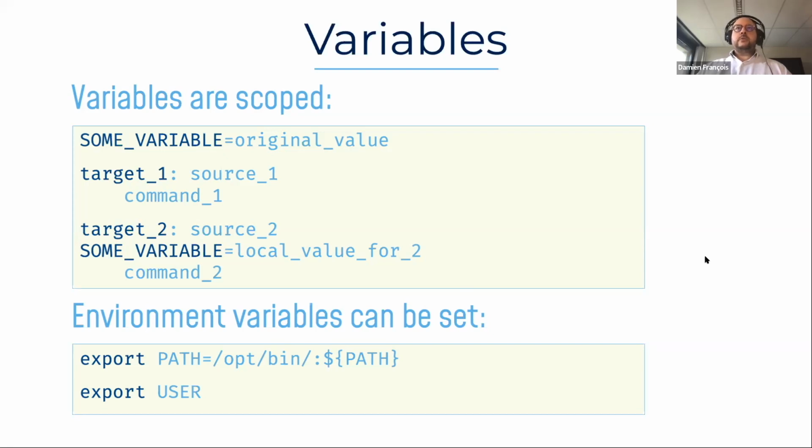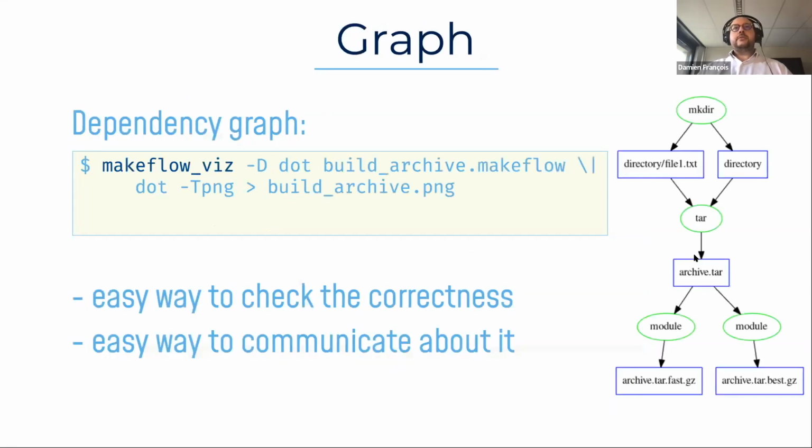When you install Makeflow, you will see that there are other tools that come with it. Among others, Makeflow_viz, which is a tool that will take your Makeflow file, which I named here build archive.makeflow, and it will create a dot representation, so a file which can then be consumed by the dot command to produce a picture.